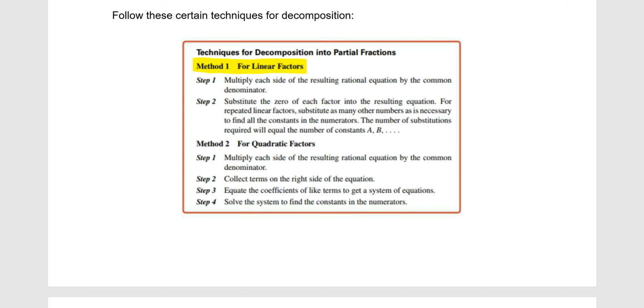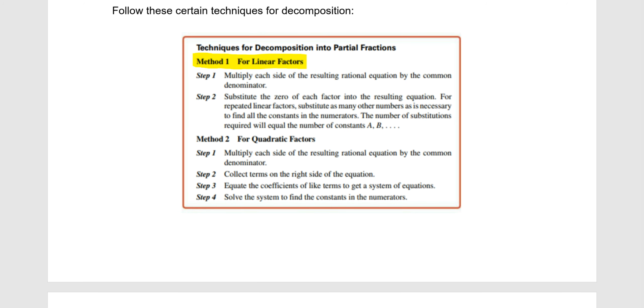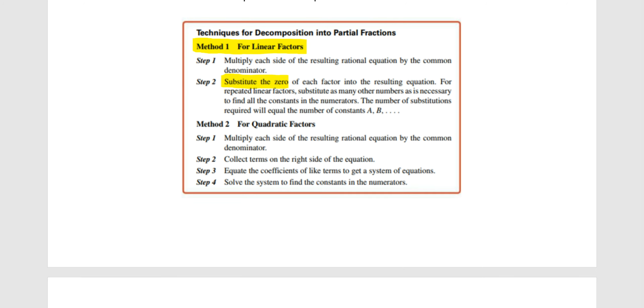Once we have the setup from the steps above, we multiply each side of the resulting rational equation by the common denominator, and then solve for a or b or c by plugging in values for x. For linear factors, we can do this by plugging in the 0 of each factor into the equation. We'll see why that's useful in a second.